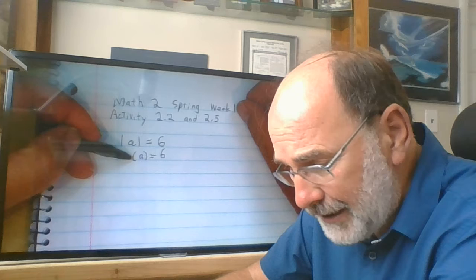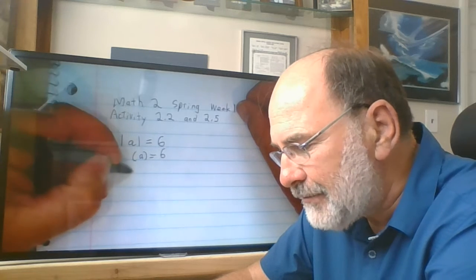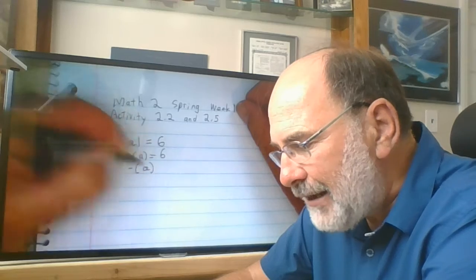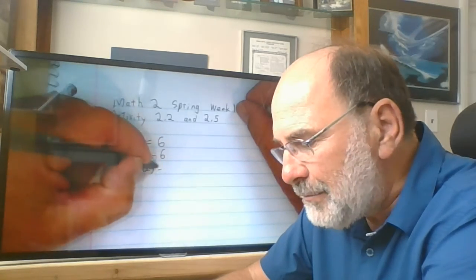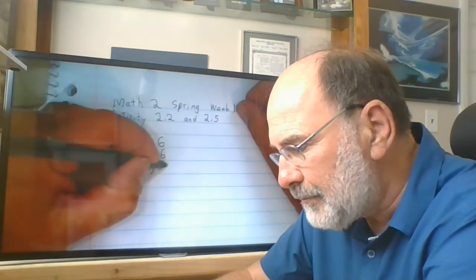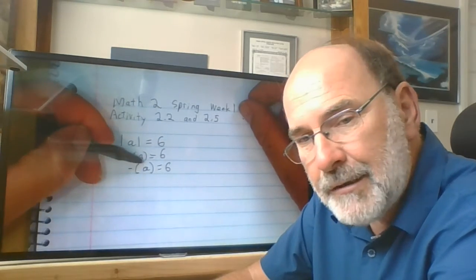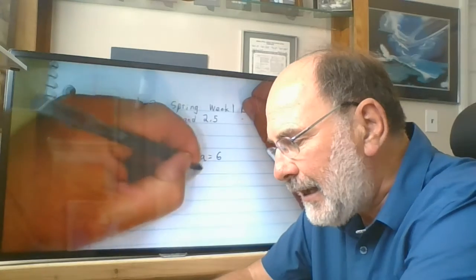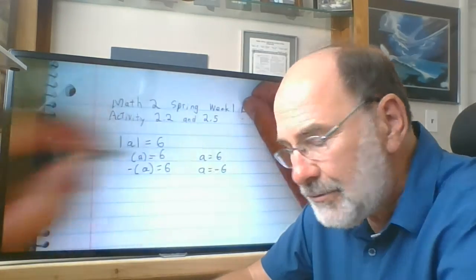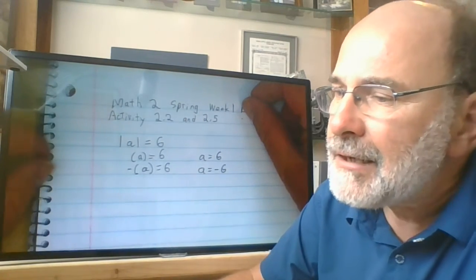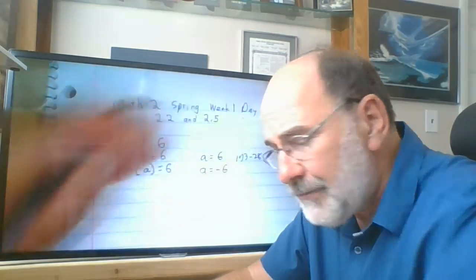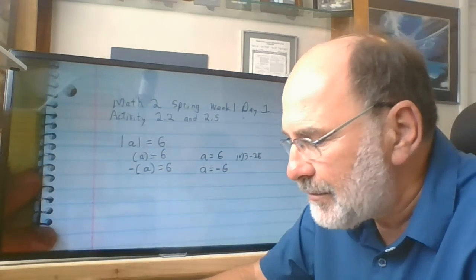And if what is inside the parentheses is a negative number, then you take the negative of that number, and that would be the solution as well. So there work out to be two solutions: a is equal to positive 6, and a is equal to negative 6. This is a kind of worked example that begins on page M3-28 if you happen to have a textbook accessible.